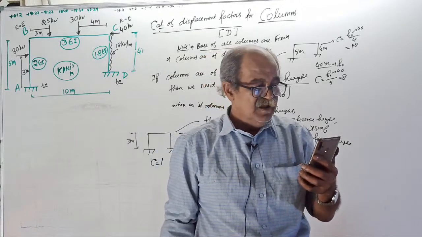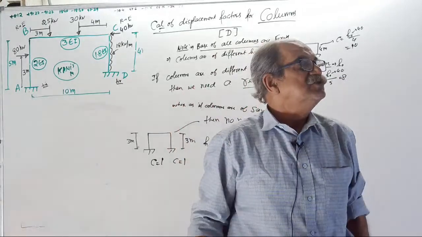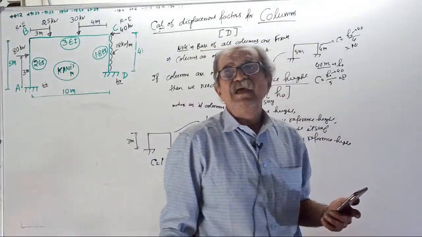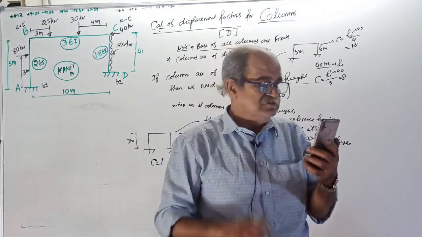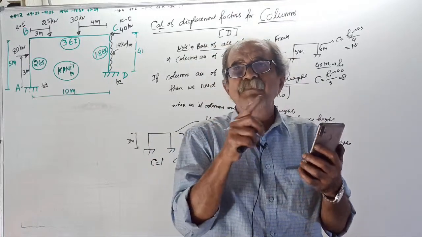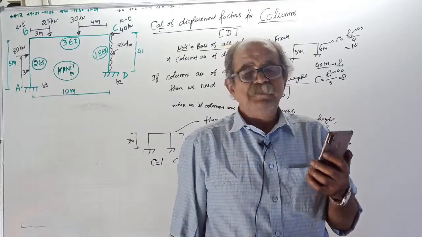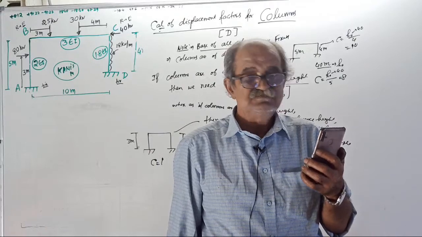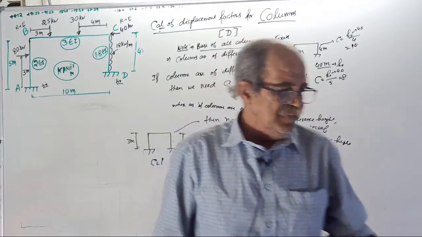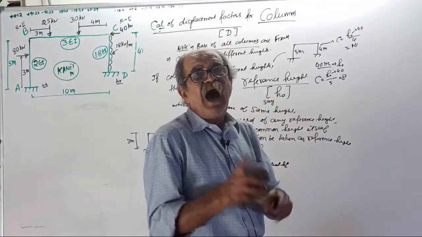And remember, correction factor is used for multiplication, not addition. If the multiplying number is 1, do you require it? No. Therefore, remember, take reference height only when columns are of unequal height.